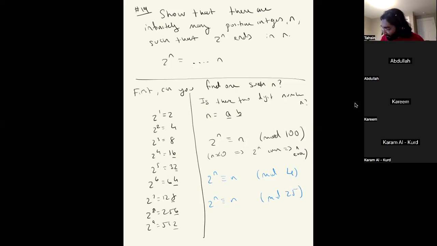And here, the powers of 2 will repeat at least every 20. So 2 to the power of 20 is congruent to 2 to the power of 0 mod 25. Okay.